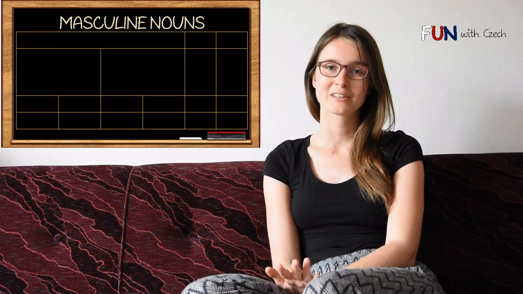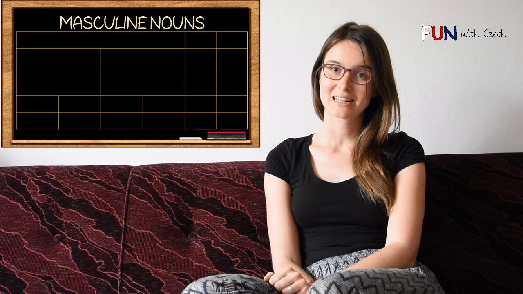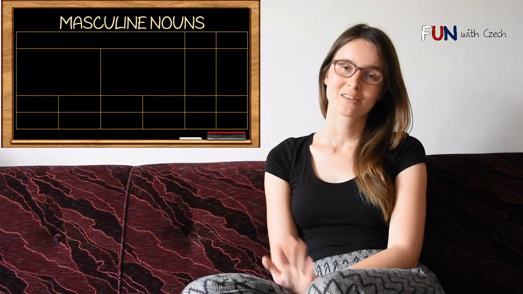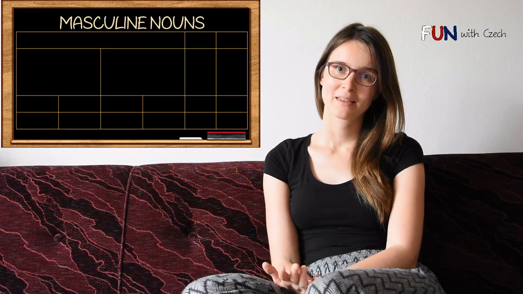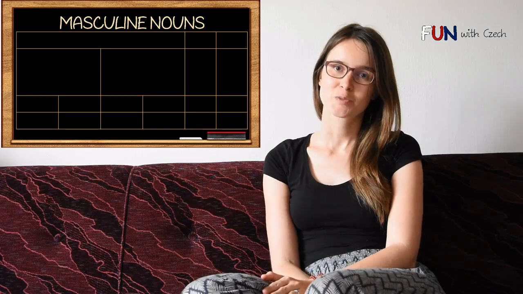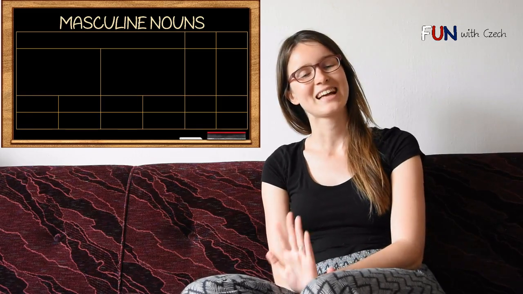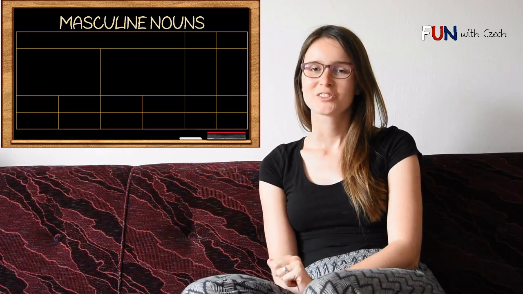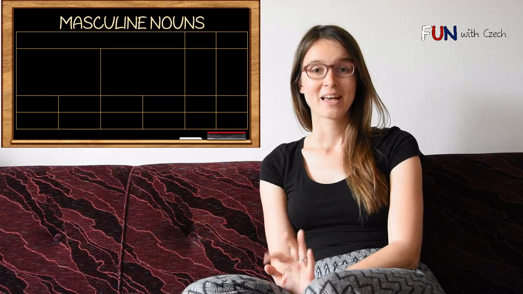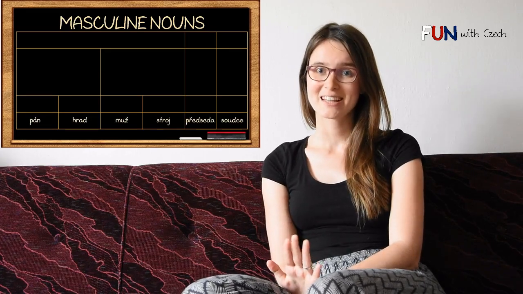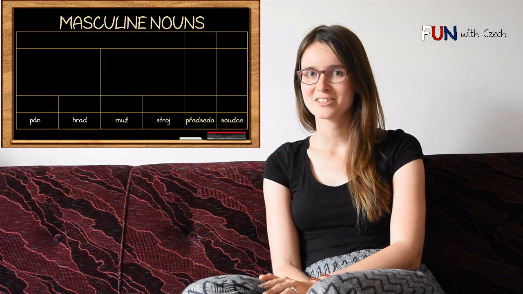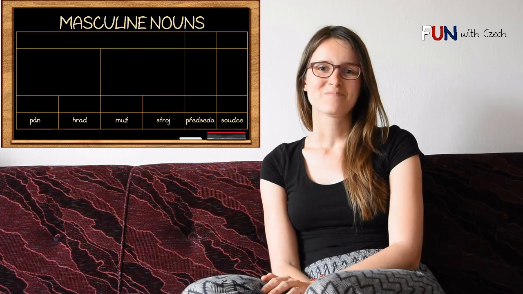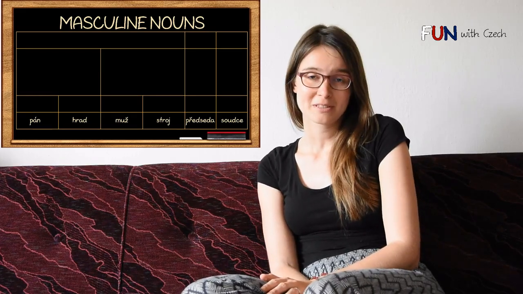The masculine grammatical gender has 6 different patterns according to which the nouns can be declined, while the 2 genders before, the neutral and feminine, only have 4 such patterns each, but the masculine one has 6 different patterns, and 2 of those patterns actually don't end in a consonant. I said at the beginning that the consonant is a sign of a masculine gender, but it's not valid in 100% of cases.